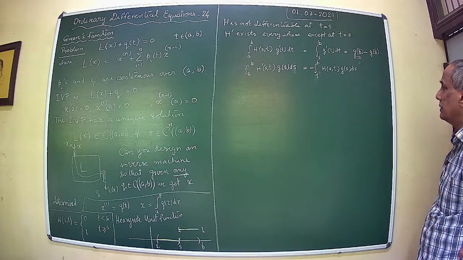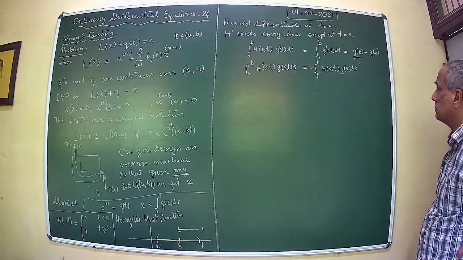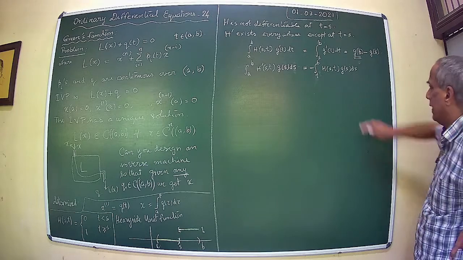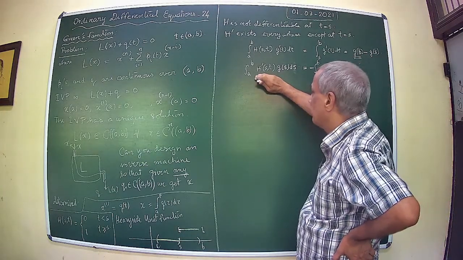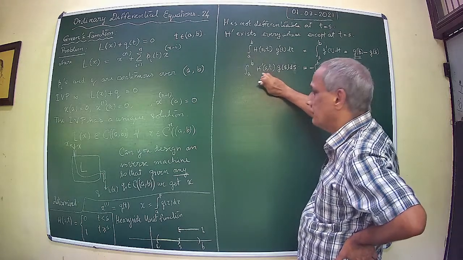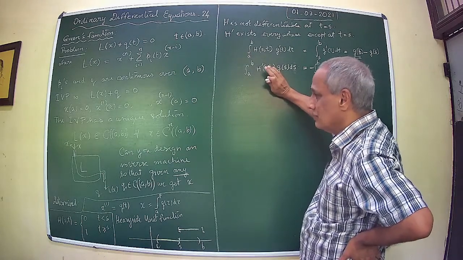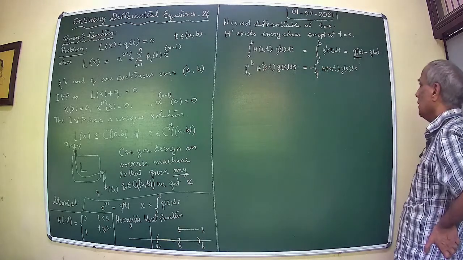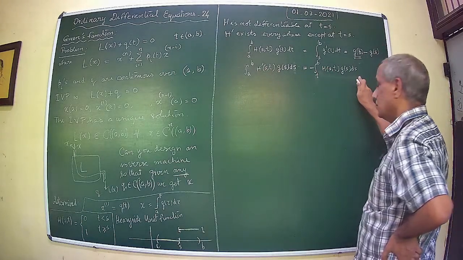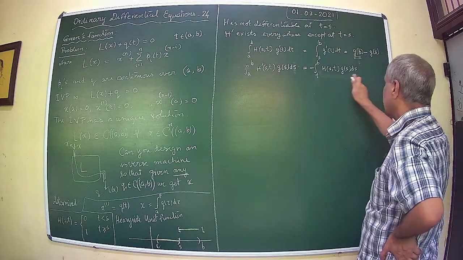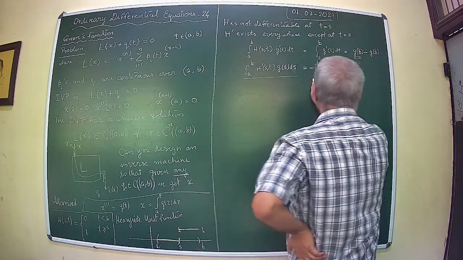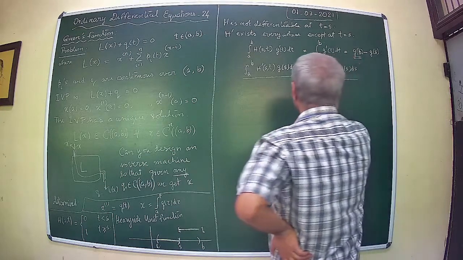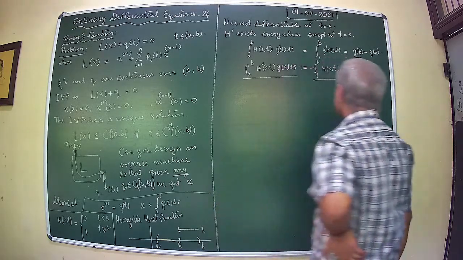Provided everything is nice. I don't claim that this is differentiable everywhere. This is differentiable almost everywhere, just one point where things go wrong. But certainly this integral makes sense. So we give a meaning to this integral by this. Take it as the definition.